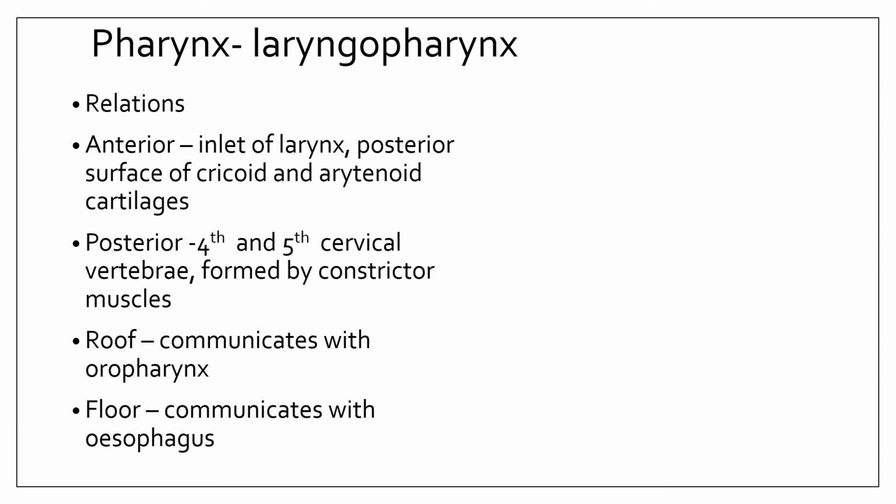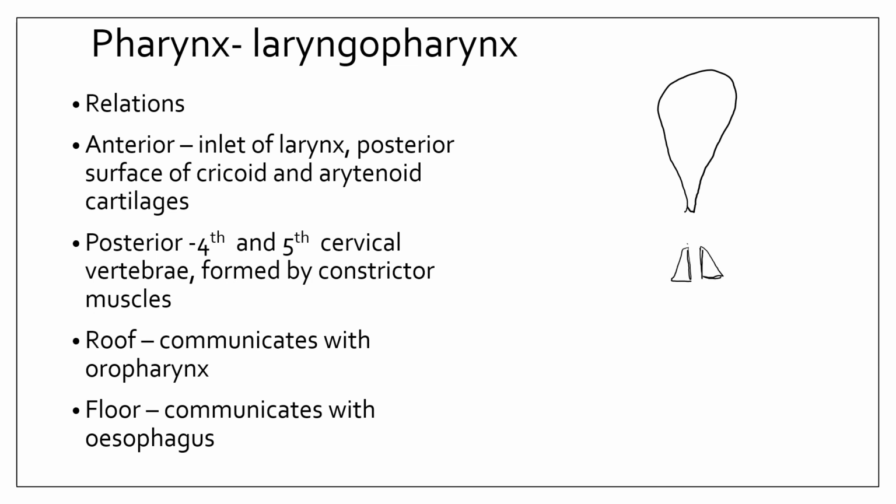Now, relations: anteriorly, there is inlet of larynx. Now, what is this inlet? So, anteriorly we have seen there is epiglottis. So, let us draw this leaf-like epiglottis. And behind there is this cricoid lamina on which rest the cartilages of larynx. These are called arytenoid cartilages.